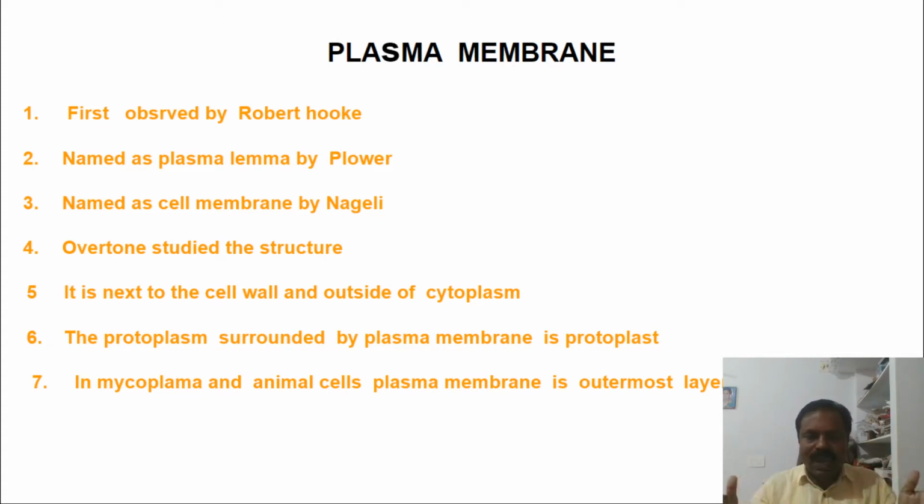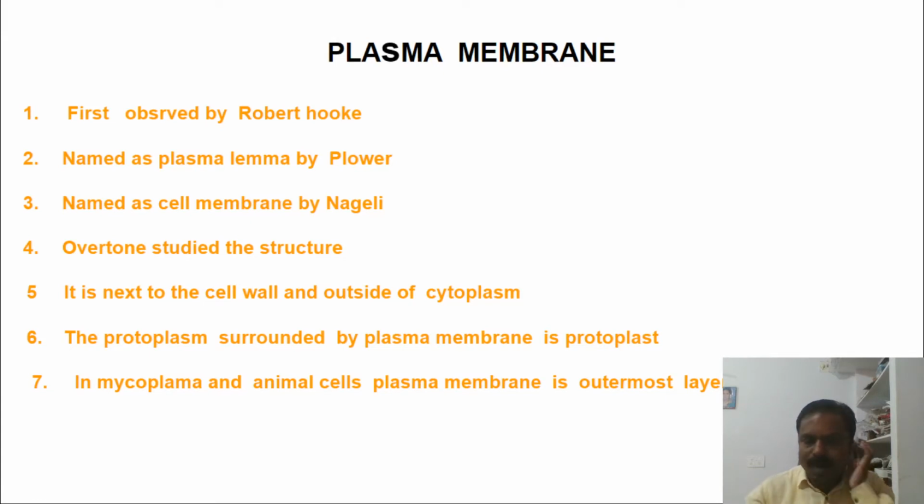If we take one cell, the nucleus is generally present in the center, and around the nucleus the cytoplasm is present. In the cytoplasm, cell organelles are present. The cytoplasm and the nucleus together are called protoplasm, and this protoplasm is covered by the plasma membrane, which is surrounded by the cell wall. The protoplasm surrounded by the plasma membrane is known as protoplast.